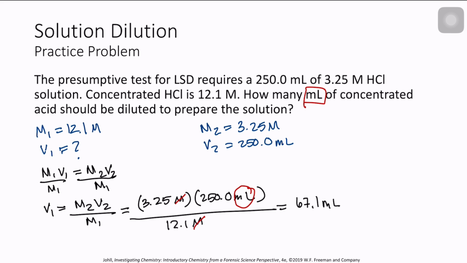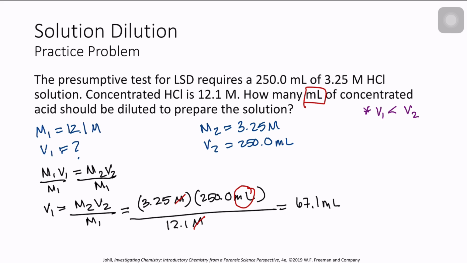This answer should make sense. I should never have a V1 that is more than my V2. So V1 is always going to be less than V2.